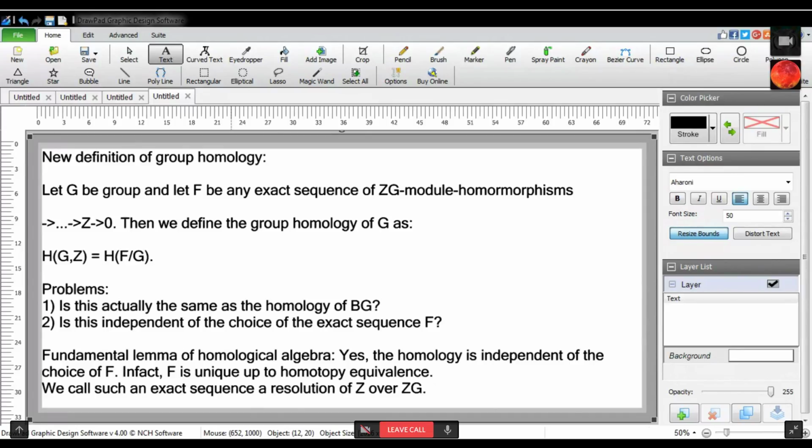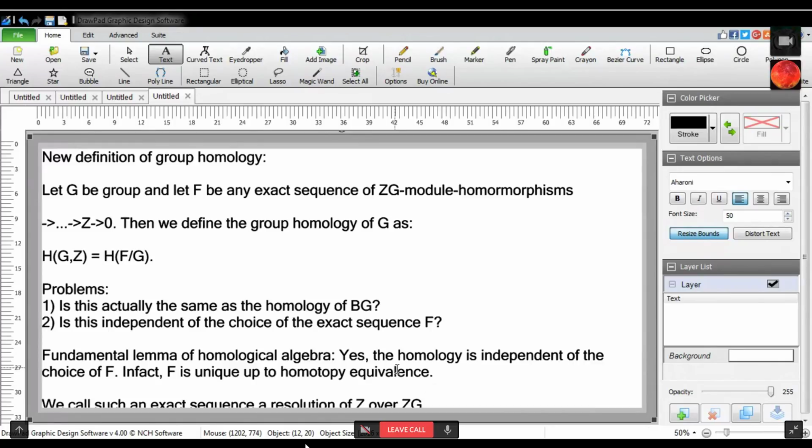Yes, I wanted to leave this out. This fundamental lemma of homological algebra is only true if we have some other properties, but I don't want to call them yet. This is only true for projective resolutions. So projective resolutions are unique up to homotopy equivalence.